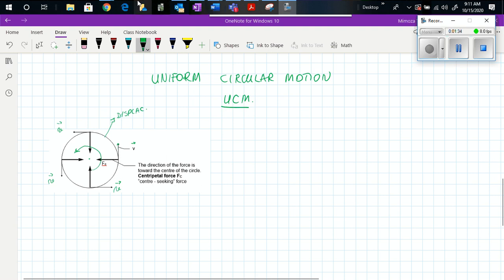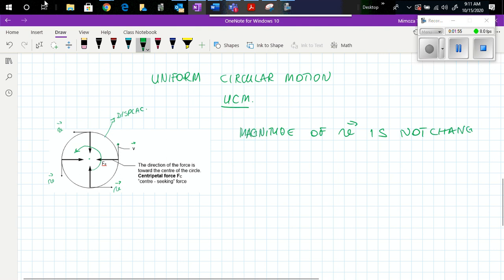Then what is unique about this type of motion is that the magnitude of the velocity is not changing.